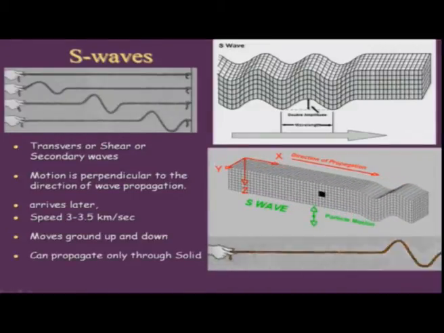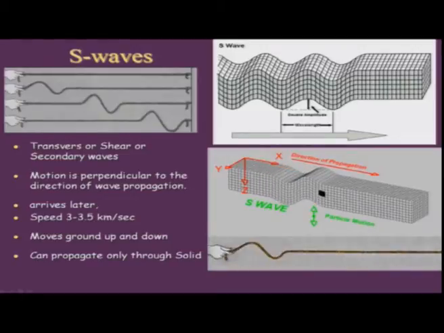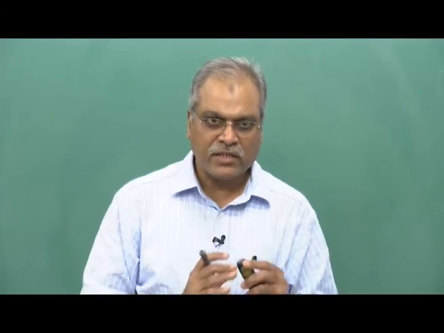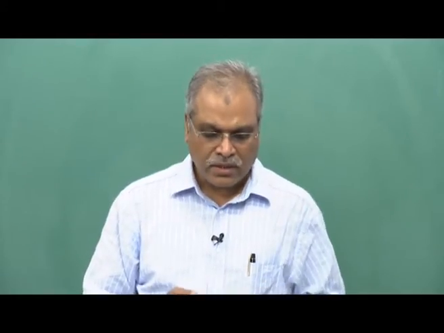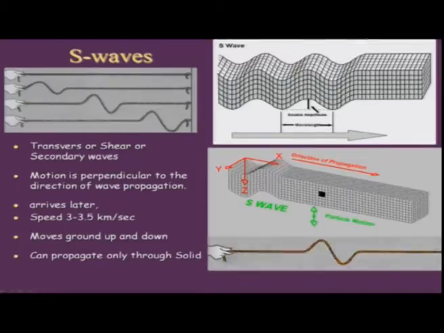This is the most important part, where we were talking about the shearing part. Shearing will not take place in liquid, hence it will not allow these waves to propagate further. There is a damping effect, the energy will be completely lost, and it will not propagate further because of its nature of propagation.